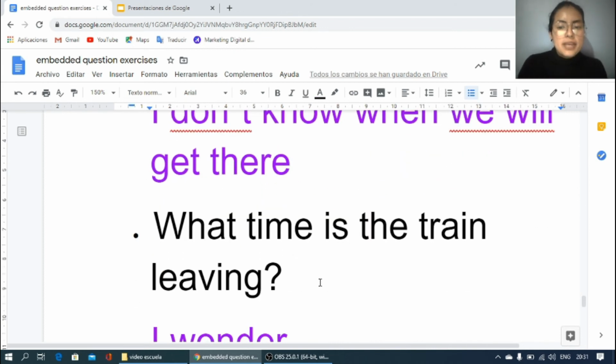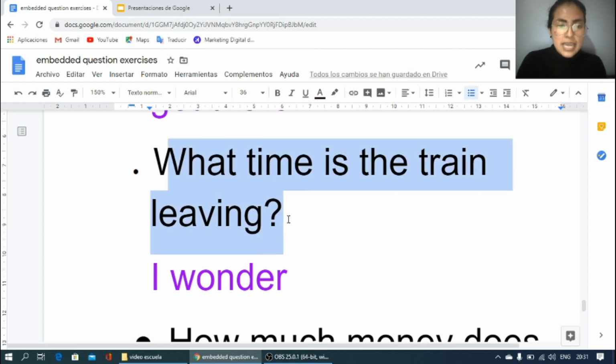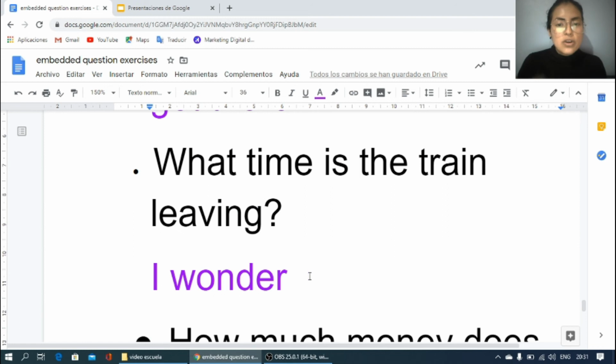What time is the train leaving? Is the same. In this case, I use "I wonder." This is an affirmative introduction. Okay, and you have to write the same. Okay, the same question like a sentence. La misma oración, como la misma pregunta como oración.